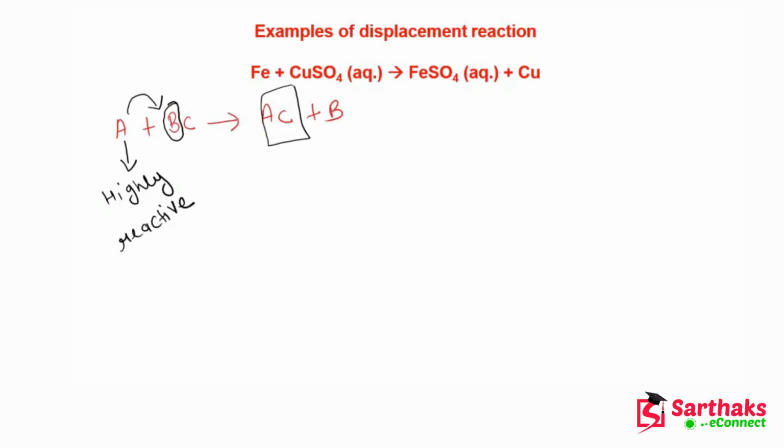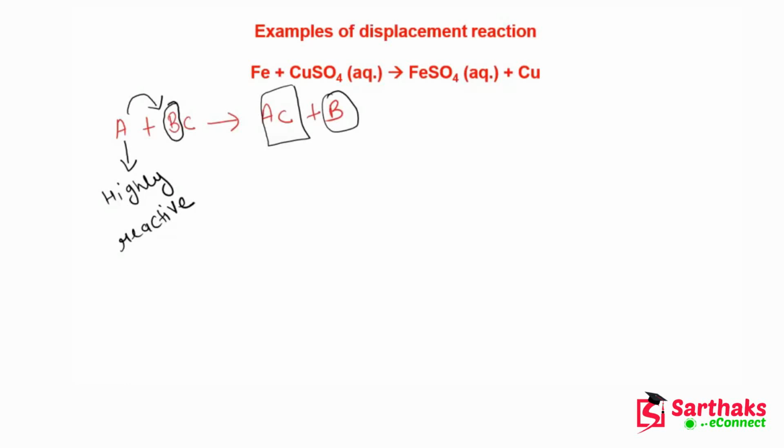AC will form and this will displace B. Because it is displacing, this element A is displacing this element B from its compound.